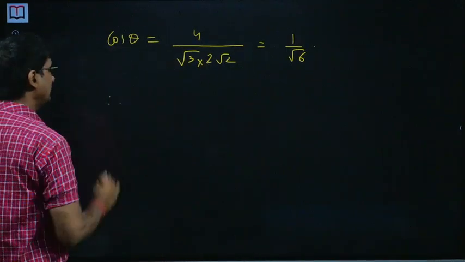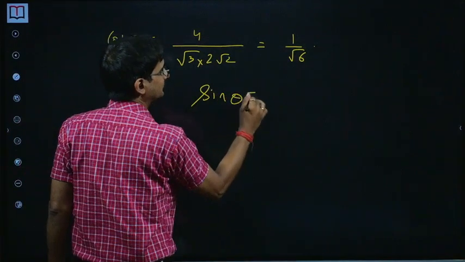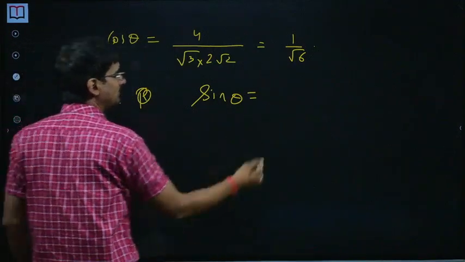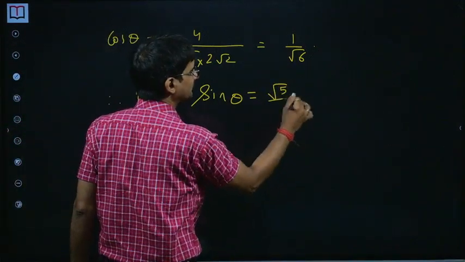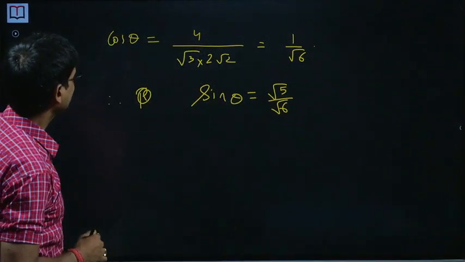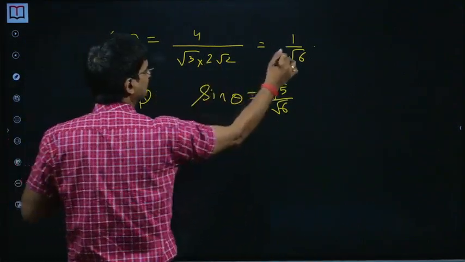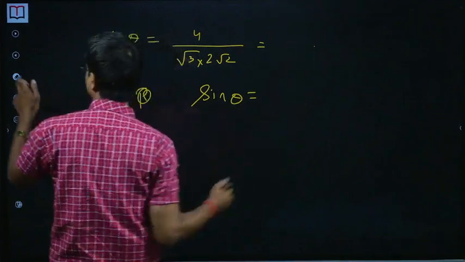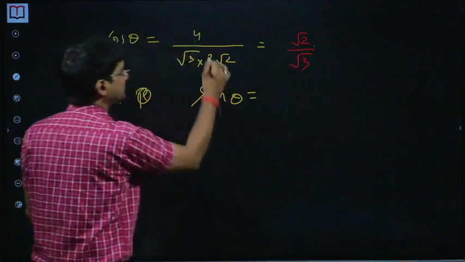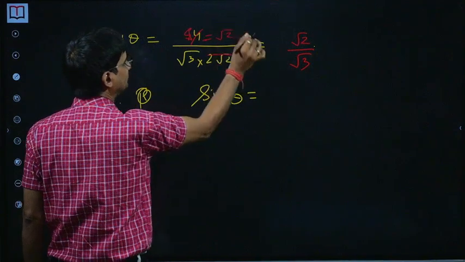So let us find sine theta. Sine theta will be root 5 by root 6. I'm sorry, it should be rather root 2 by root 3, and now by 2 root 2, so you will be left with root 2 by root 3.